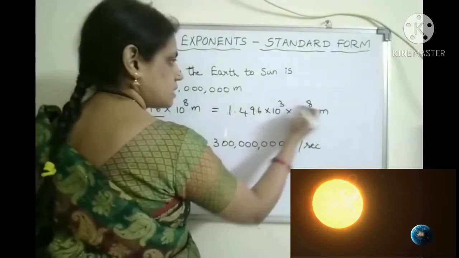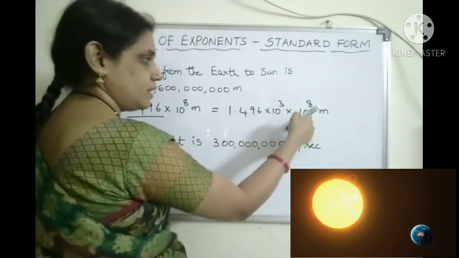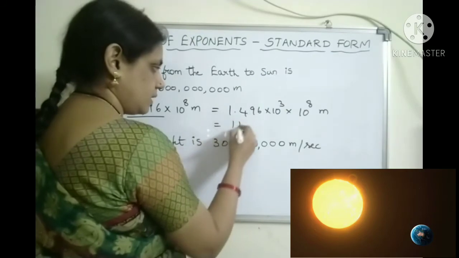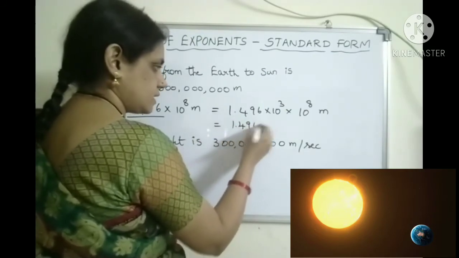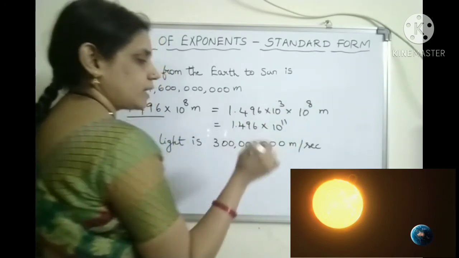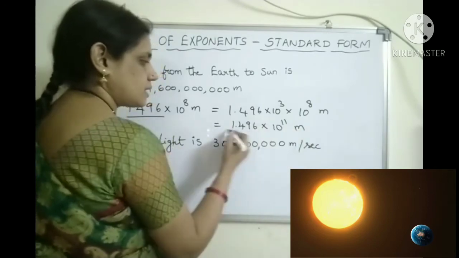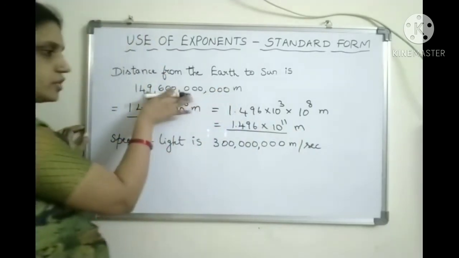So here we can use the law of exponents: a power m into a power n equals a power m plus n. So it becomes 1.496 into 10 to the power 11, that is 3 plus 8. We have to add the exponents. So 10 power 11 meters. This is the standard form of this large number.